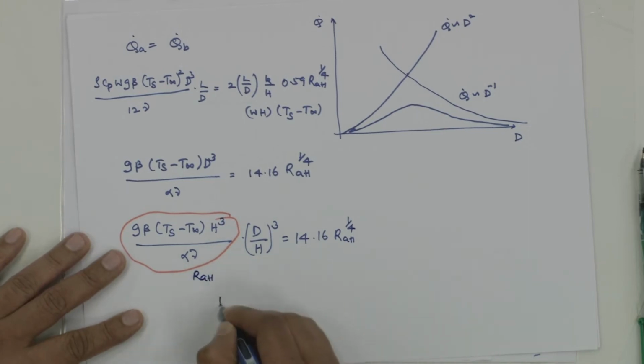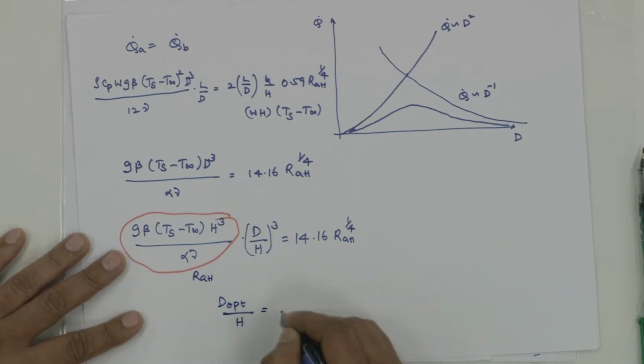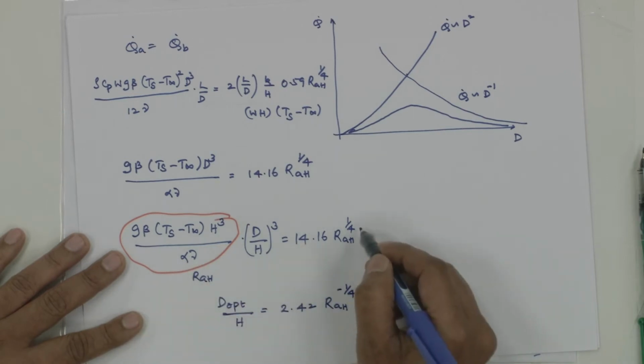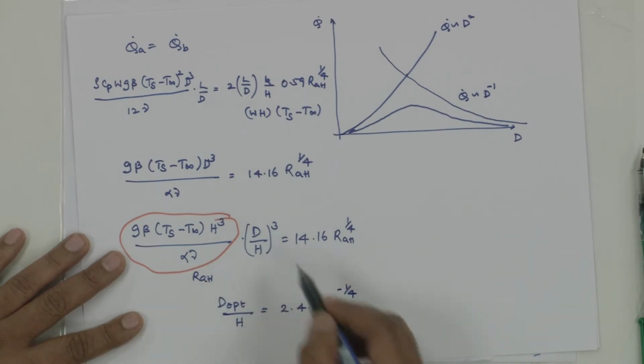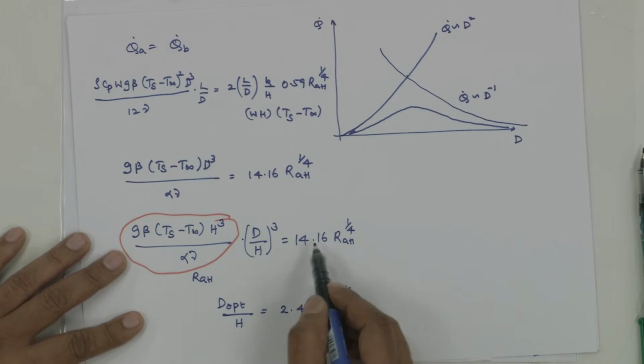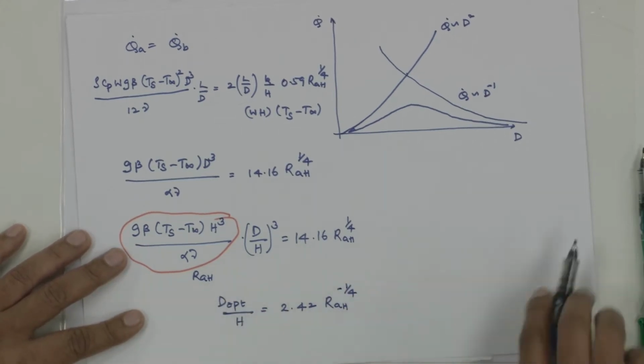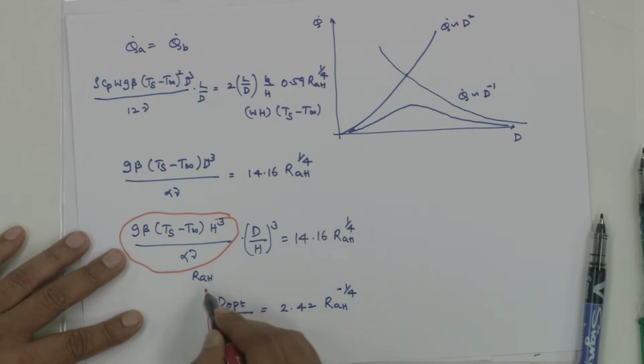So I get D optimum upon H equal to 2.42 Rayleigh number to the power of minus 1 by 4. Actually it becomes minus 3 by 4, and I have taken the cube root, so I get minus 1 by 4. The cube root of 14.16 is 2.42.